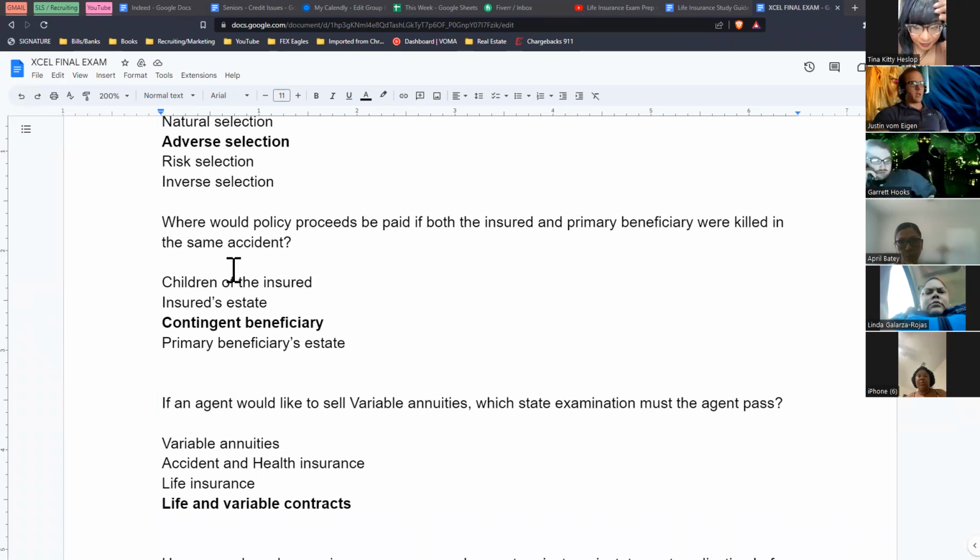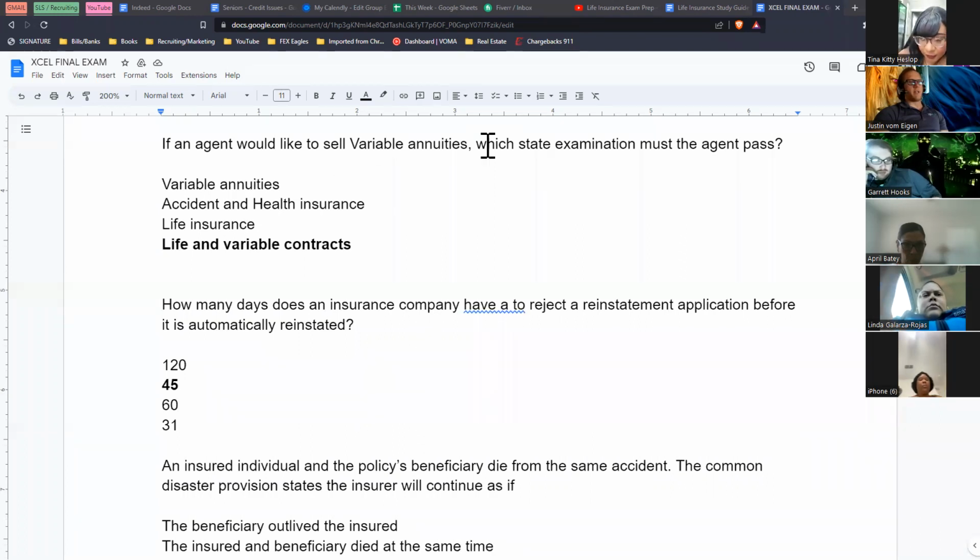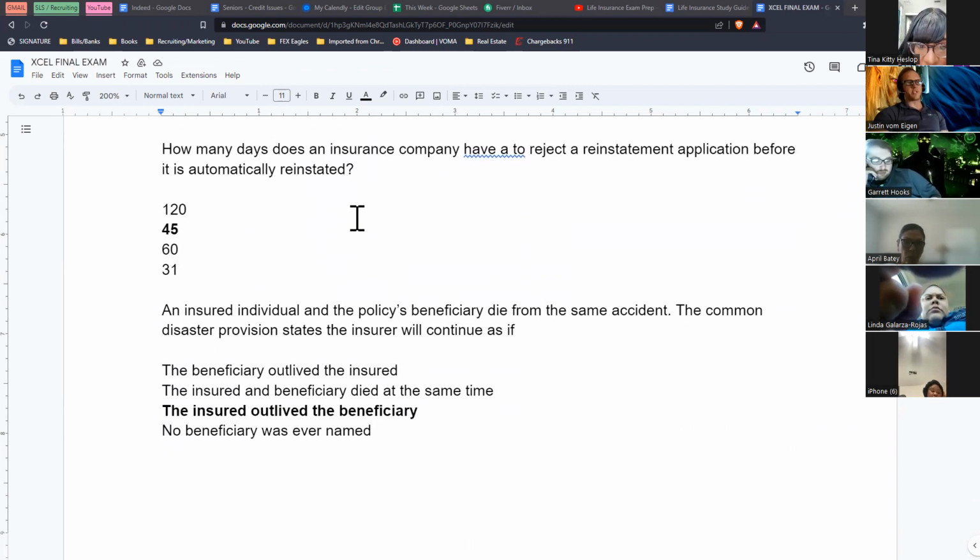If an agent would like to sell variable annuities, which state examination must the agent pass? Variable annuity, right? This is a Florida only one, by the way. How many days does an insurance company have to reject a reinstatement application before it's automatically reinstated?